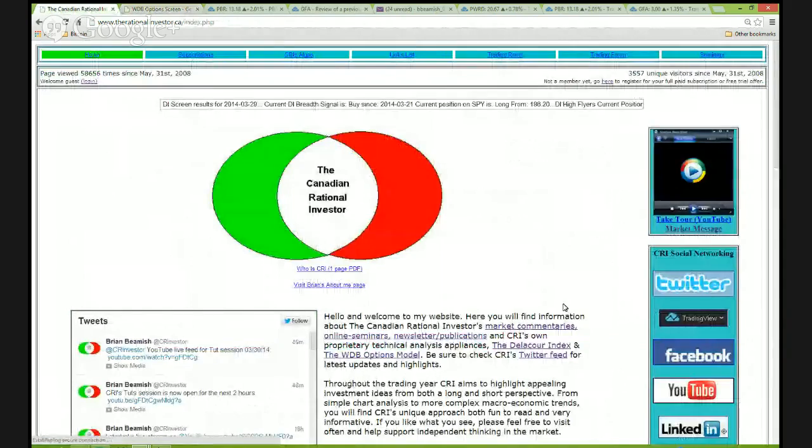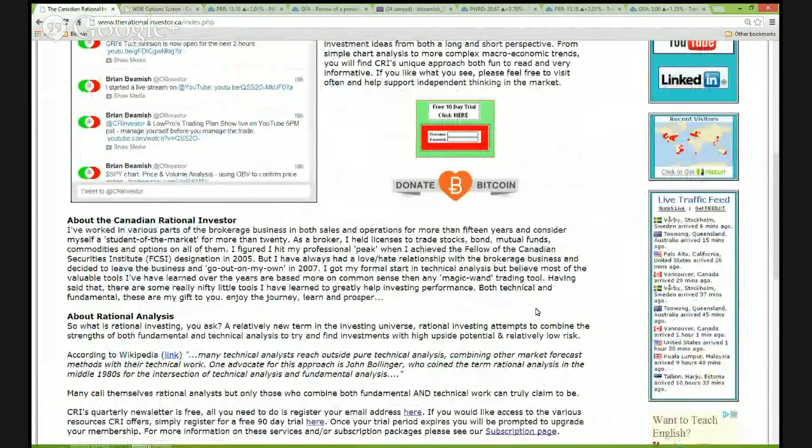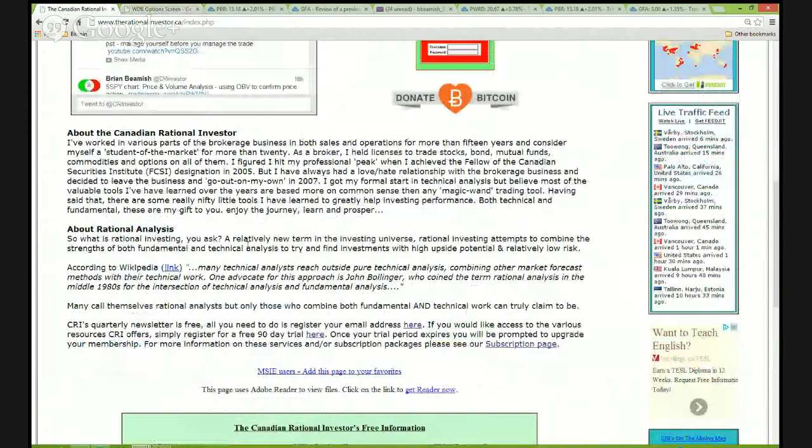what is rational analysis? Well, rational analysis was basically John Bollinger. I don't know whether you've heard of Bollinger Bands, but John Bollinger's quite a well-known market technician. He coined the term back in the 80s where basically you're combining fundamental and technical analysis, basically the intersection of the two.